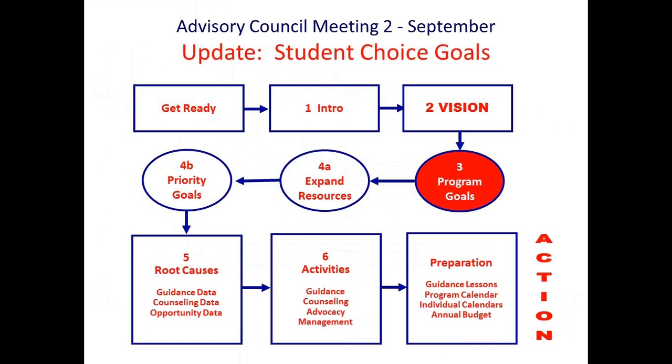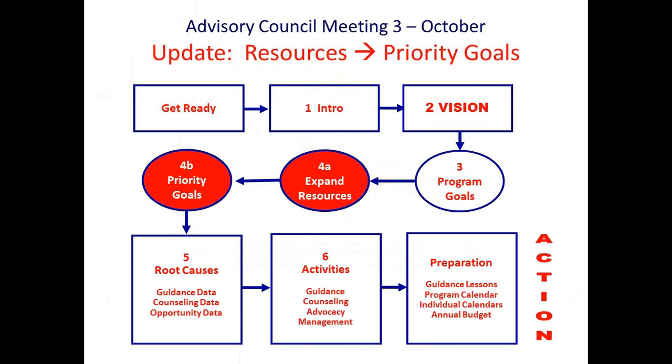Then we knew that there were too many things to focus on all at once, so we worked on expanding your resources in October, and then we came up with a small number of priority goals. Since we couldn't do everything at once, we looked at how we can get more time, more energy, more funding, and then once we had that in place, we asked what we can do realistically. We can't do it all, but what can we do realistically? And that became our priority goals. Our priority goals are really the things that we want to drive. We put data to those goals, and a year from now, we'll look at follow-up data to see if those priority goals changed.